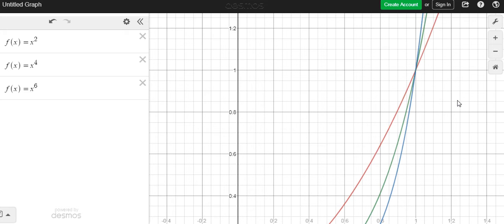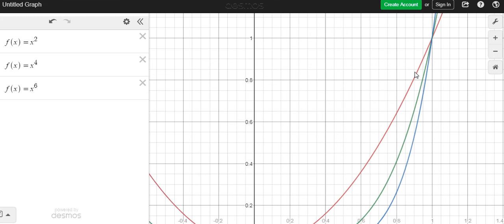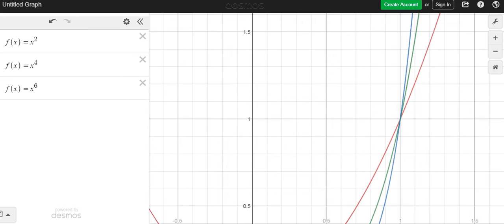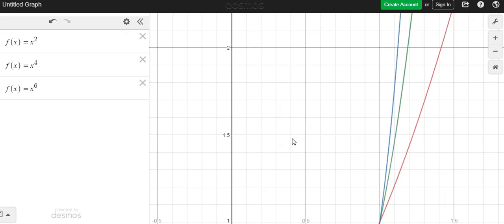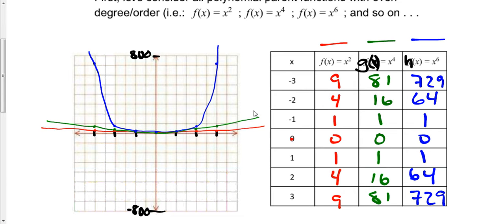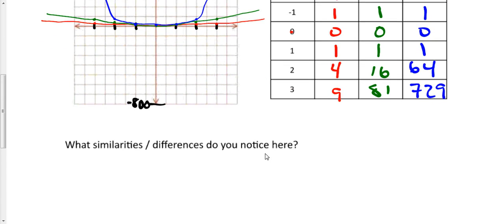So anything less than 1, the more I multiply by itself, it gets smaller and smaller. And that's why you're seeing that behavior. So what this does is it effectively flattens the parabola at the vertex and steepens it outside of the vertex. Okay? So that's basically, long story short, what I wanted to get across with my cruddy graphing here. Okay?